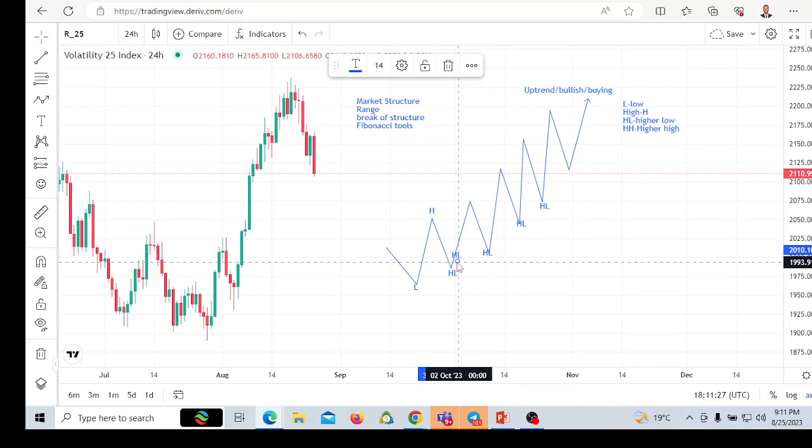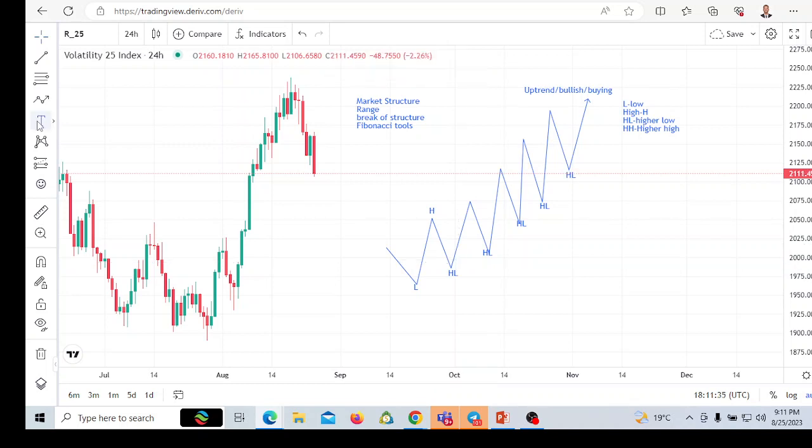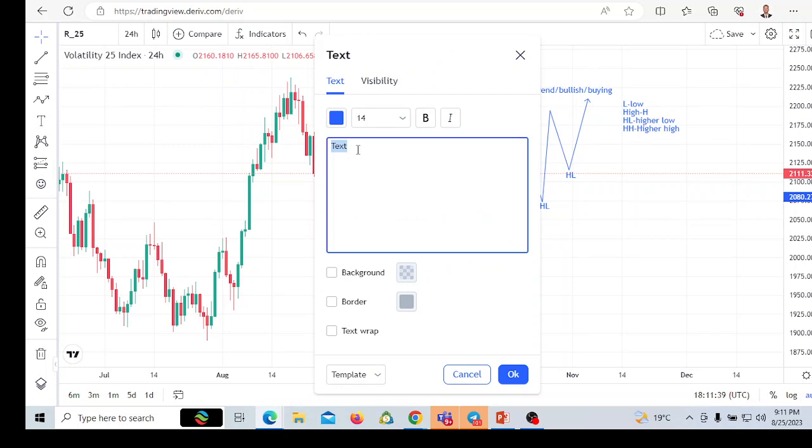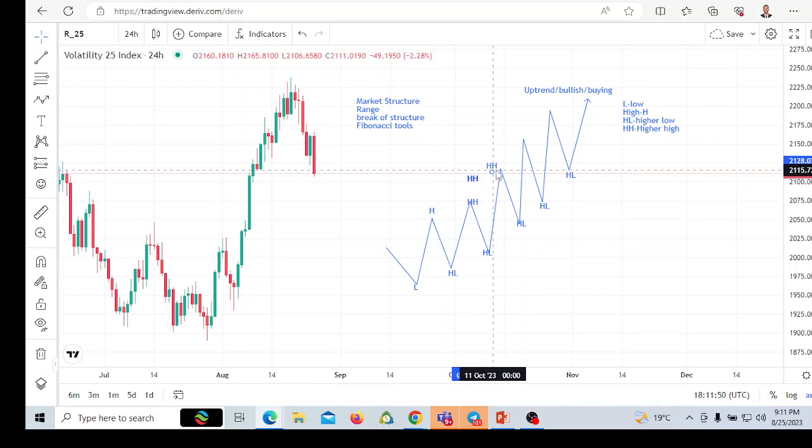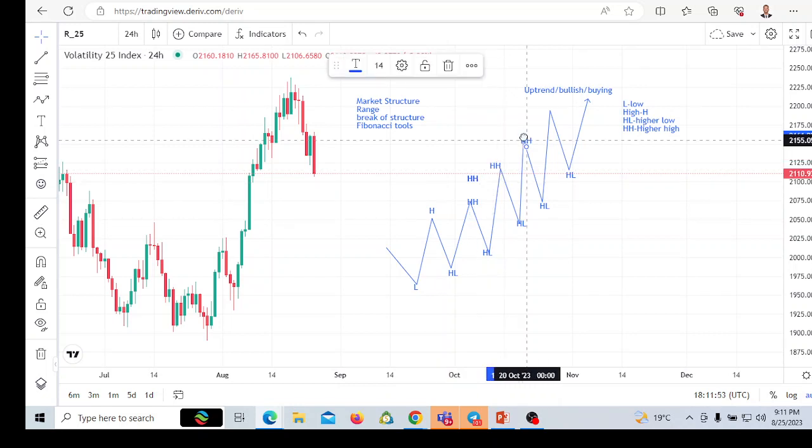Okay. Then the other one is higher high. I'll explain this in a minute, what it means. It's nothing technical, by the way. Higher high. So we'll copy this and make duplicates. That one goes there. That one goes there. That one goes there.